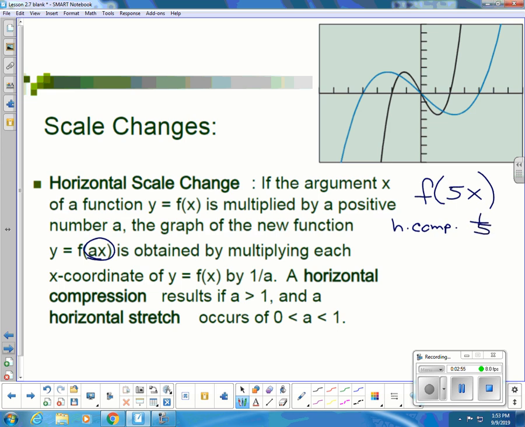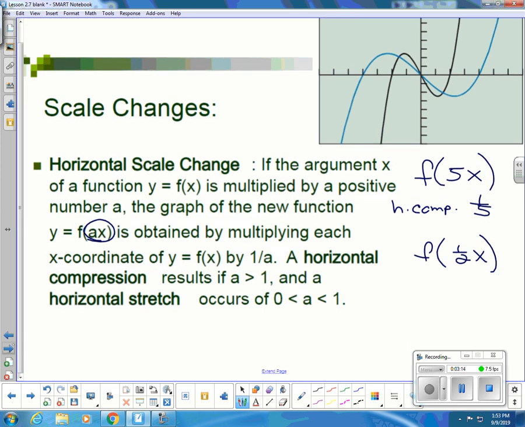So you want to think reciprocals when you're doing scale changes with the x. Okay? If I have a function, that's a horizontal stretch by a factor of 2, reciprocal. Keep in mind, if you have something like this, that's the same thing as multiplying by 1 over 7.